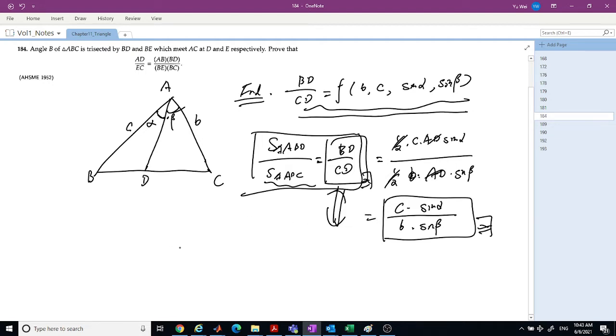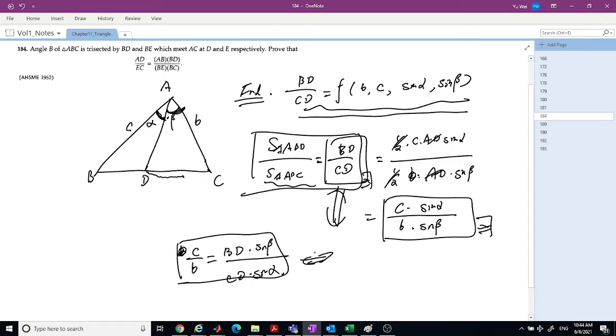So from here you can also see that c over b is BD times the sine of beta over CD times the sine of alpha. So c over b is BD times the sine of this angle and CD times the sine of this angle. These are complementary results, also very important.